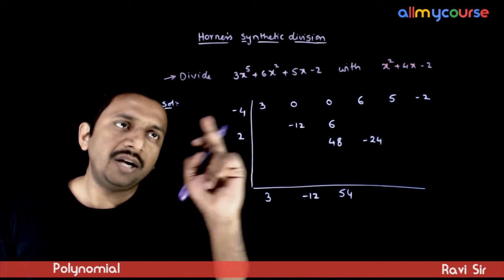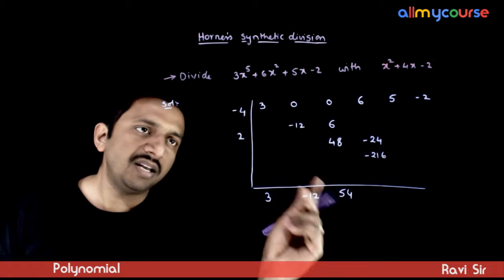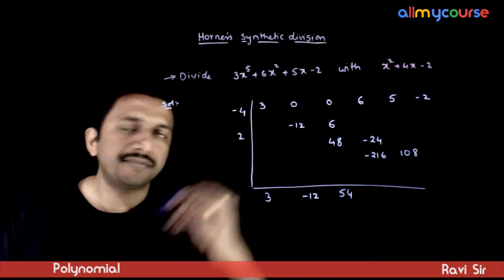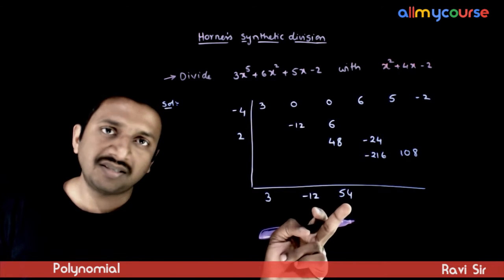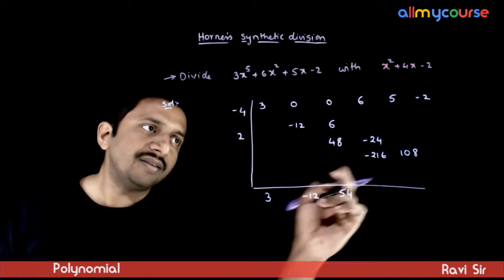Now 54 into minus 4 is minus 216. 54 into 2 is 108. Now add all this.